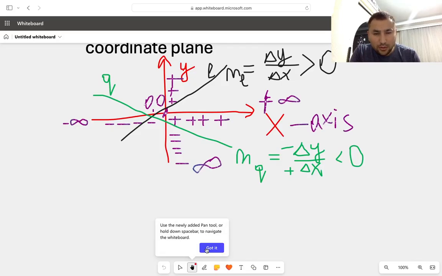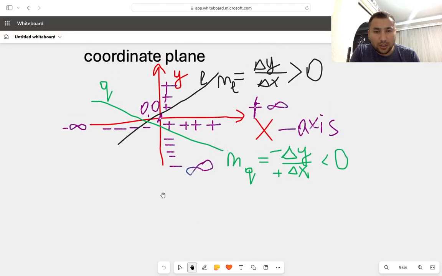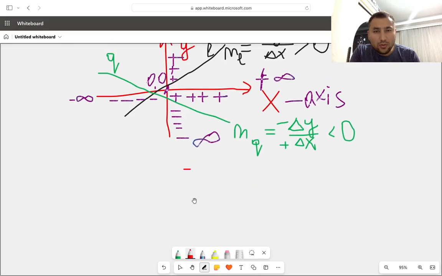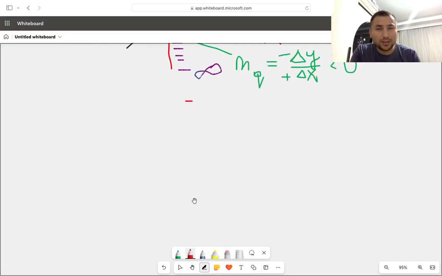Or hold down space bar to navigate the whiteboard. Okay, I'm holding down the space bar, and oh, okay. But what if I'm just drawing like this and then, oh, okay, this is good. Nice. Let me open my book.